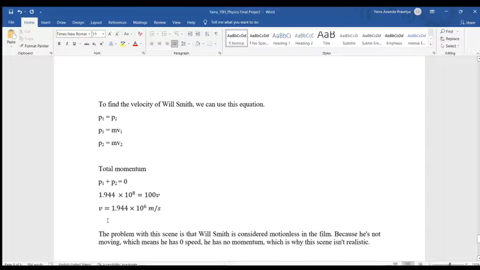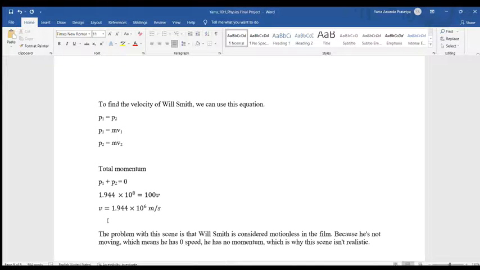So, if we do all the fancy math, for Will Smith to be able to stop that freight train, he'd have to be traveling at a speed of 1.944 times 10 to the power of 6 meters per second.